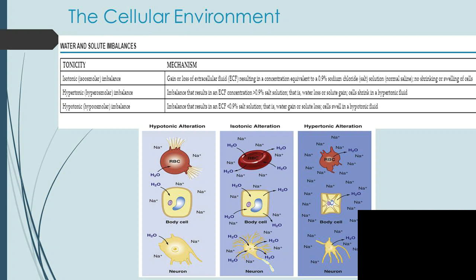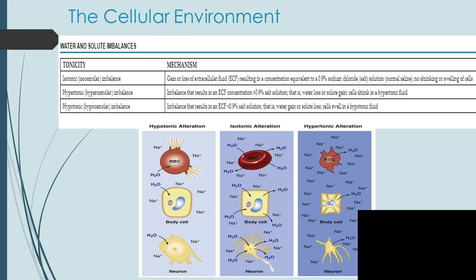So let's talk about isotonic, hypertonic, and hypotonic solutions. Take a look at this illustration. Look at the hypotonic solution and what happens with the body cell. In an isotonic solution, things are in equilibrium on the inside of the cell and the outside.